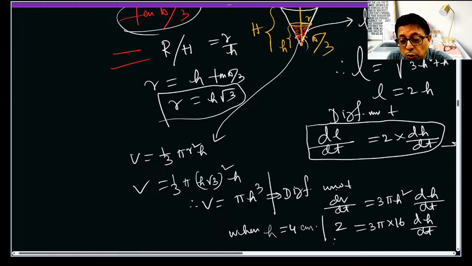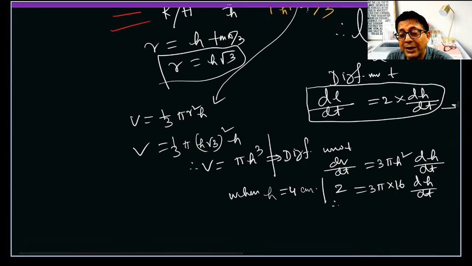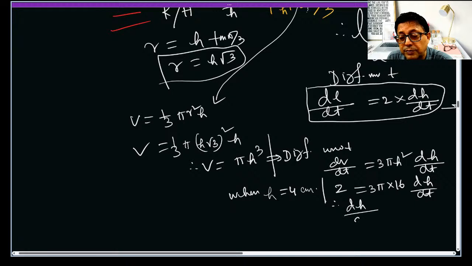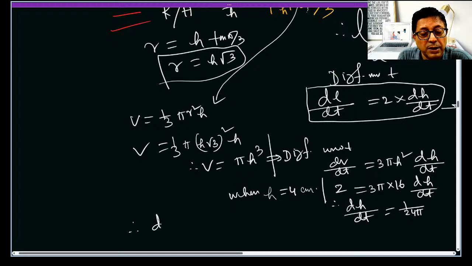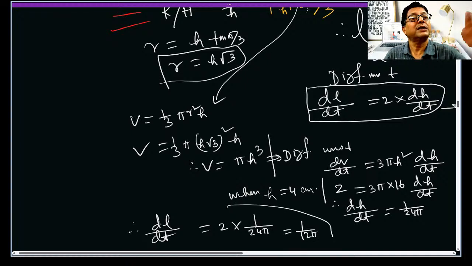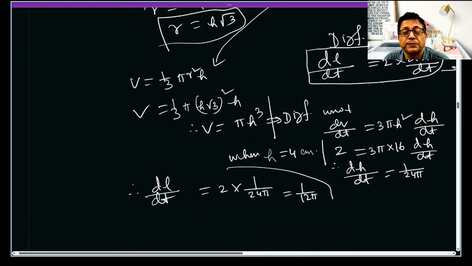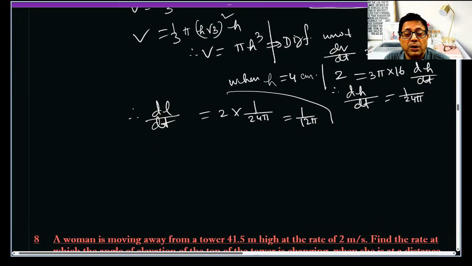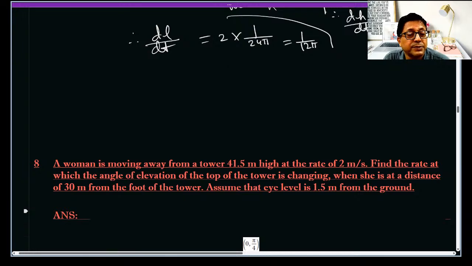Clear? So we are getting 2 by 48 pi, 1 by 24 pi. So dl by dt is what? 2 into 1 by 24 pi, that is 1 by 12 pi. Isn't it? Clear? Hope you have understood. Next one.